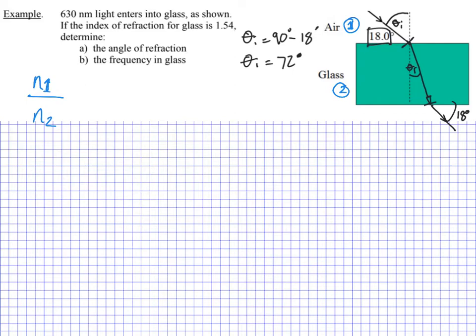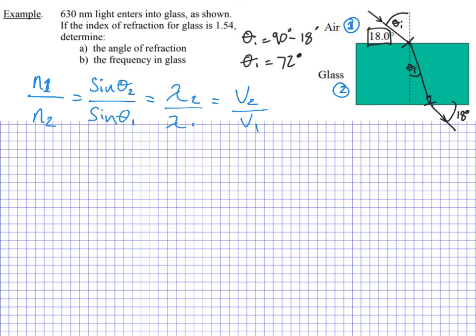So the index of refraction of air divided by the index of refraction of glass is going to be equal to, well, the inverse, or the reciprocal, I guess, of sine theta 2 over sine theta 1, which is also equal to the wavelength of 2 over the wavelength of 1, which is also equal to the speed 2 over the speed 1.